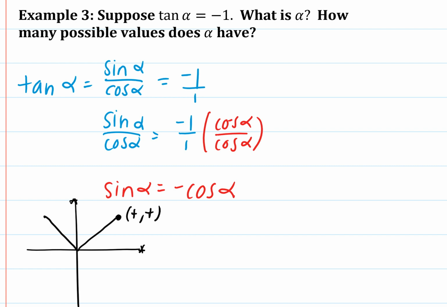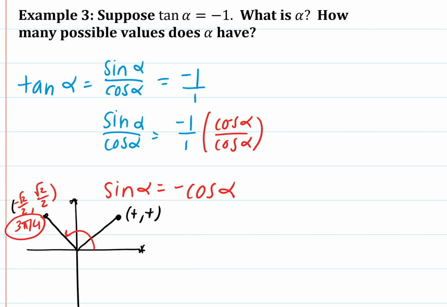So we must be looking, here the angle 3 pi over 4 has positive y value and negative x value, both of which are root 2 over 2. So this angle works. It fits our criteria.